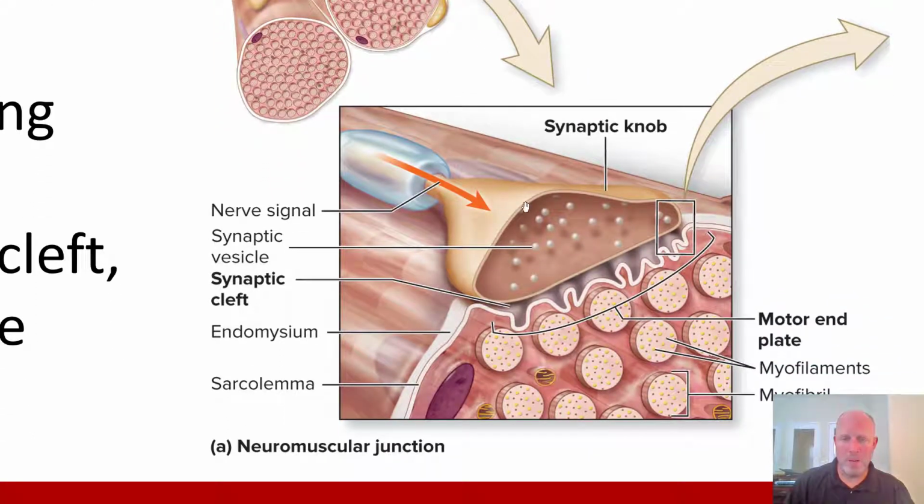The synaptic knob here. The nerve signal is transmitted down to the end of that motor end plate to get the muscle fiber to fire. Synaptic vesicle here, synaptic cleft here, all through here. The endomysium is the outer layer around the entire muscle fiber, and a sarcolemma layer there, right? And then we have our myofilaments inside here, inside each myofibril.